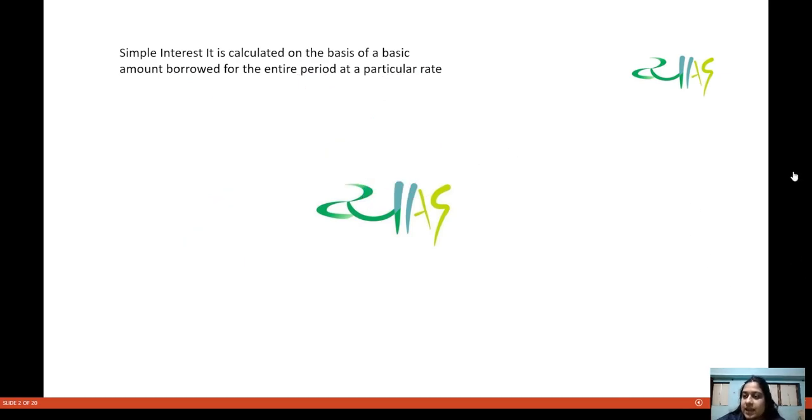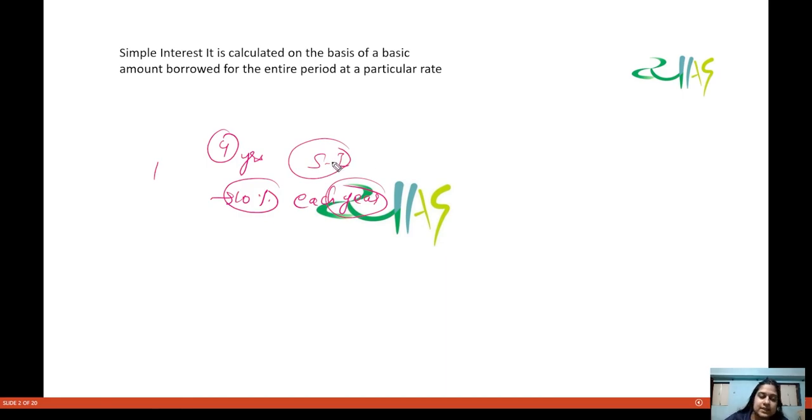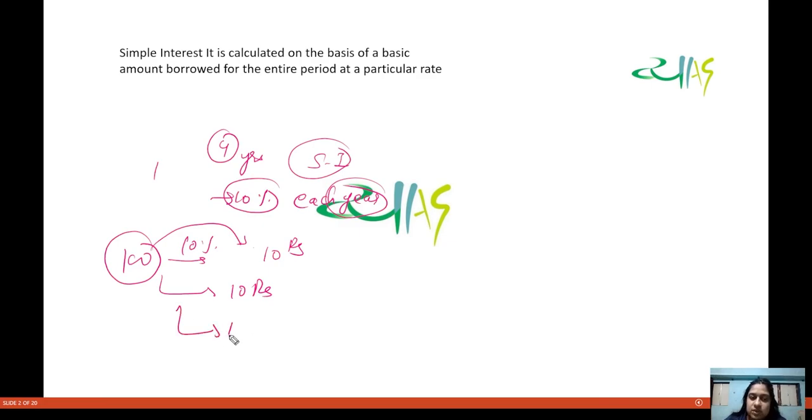Now see what happens if you are lending this person money for 4 years and he is giving you a 10% interest rate each year. This is simple interest. One thing is we have compound interest and another thing we have simple interest. So 100 rupees for 4 years, at 10% interest. You get 10 rupees for the first year, 10 rupees for the second year, 10 rupees for the third year, as well as 10 rupees for the fourth year.